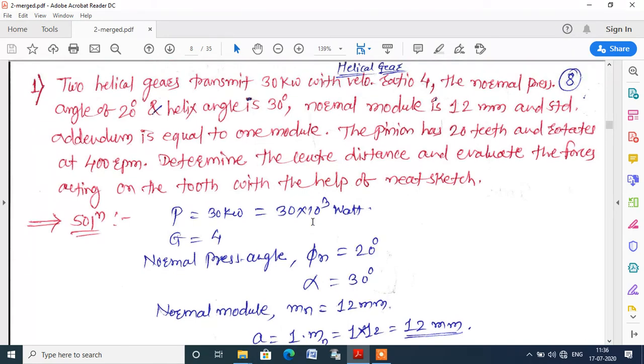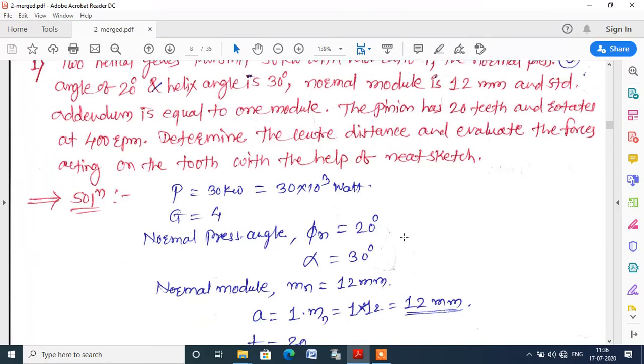The velocity ratio, gear ratio, is given as 4. The normal pressure angle is 20 degrees, so phi n equals 20 degrees. Here the helix angle is 30 degrees, so alpha is 30 degrees.